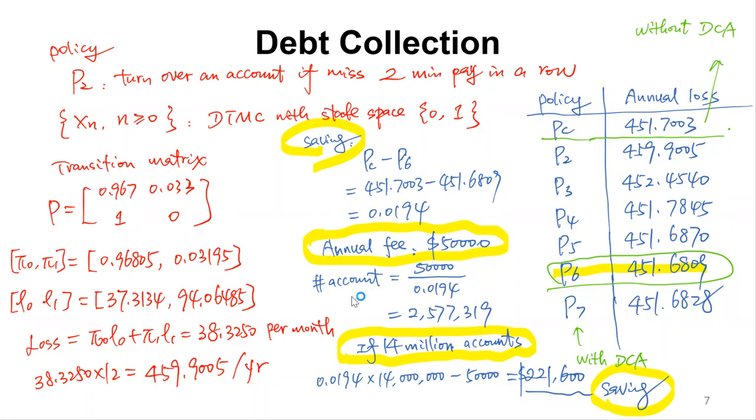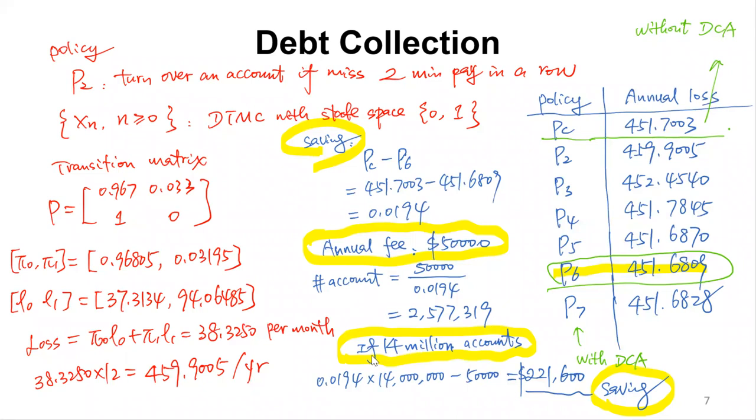So how many accounts should we turn over to reach a balance, that is 50,000 divided by this saving? Then we have to turn over 2,577,319 accounts to DCA to break even.